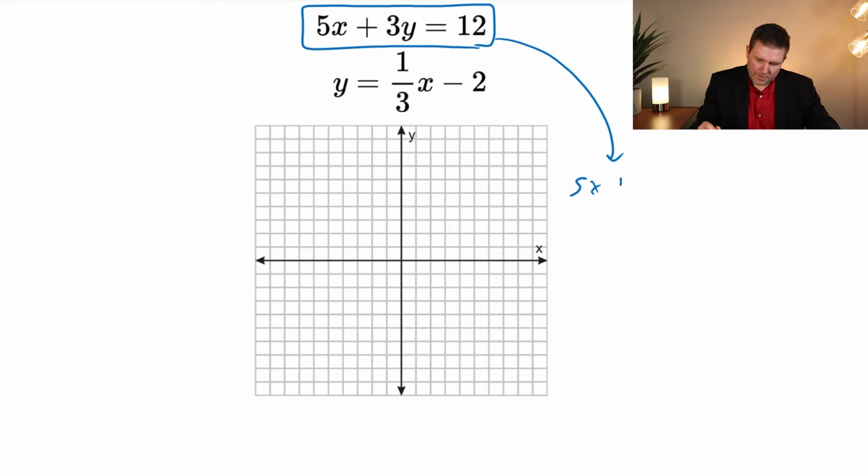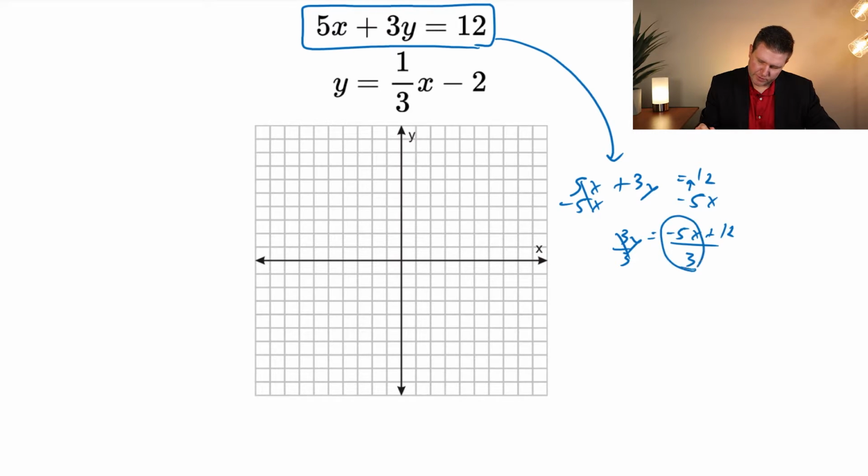So just getting the y by itself here, move the 5x over, wedge it right there, divide both sides by 3, make sure you hit both of those terms. Negative 5/3 x plus 4.